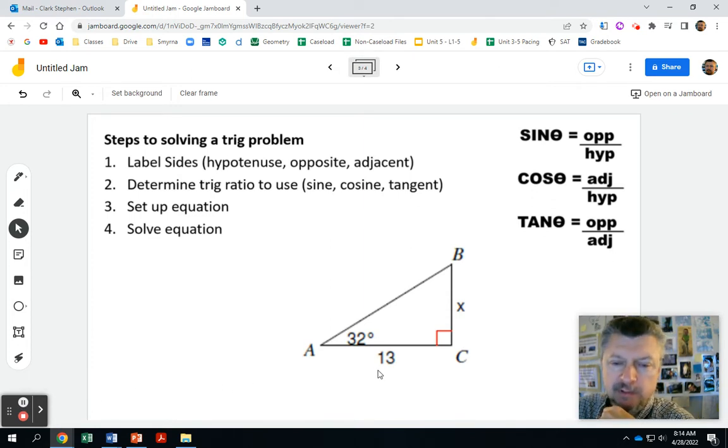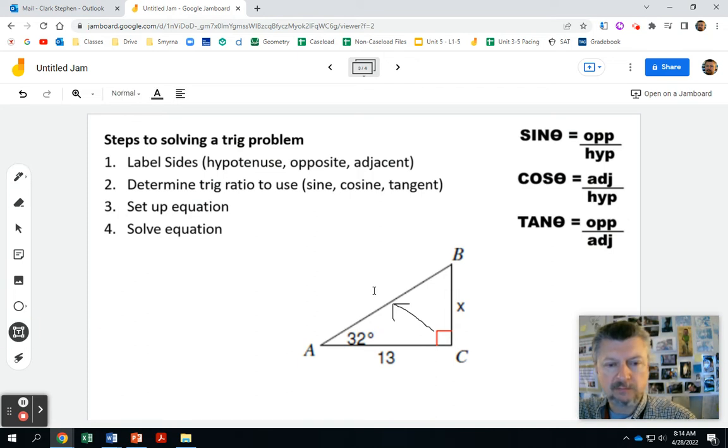All right, we're moving on to number 10, which is the second one on your worksheet. Again, we have this angle. The hypotenuse is directly across from the right angle, always. We're going to do the opposite side, which is directly across from the 32 because we're using that angle.